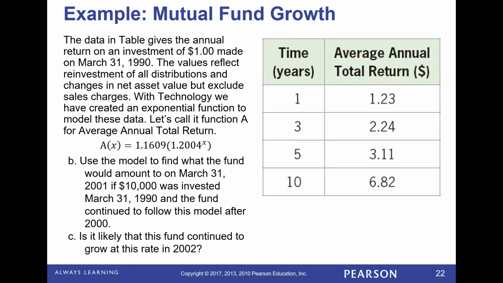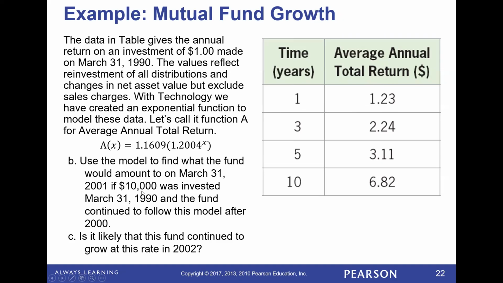So with technology, we got our answer. So we know this is basically what our average annual return is. But remember, this was me returning $1. How does that actually change when I start going for maybe not $1, but $10,000?